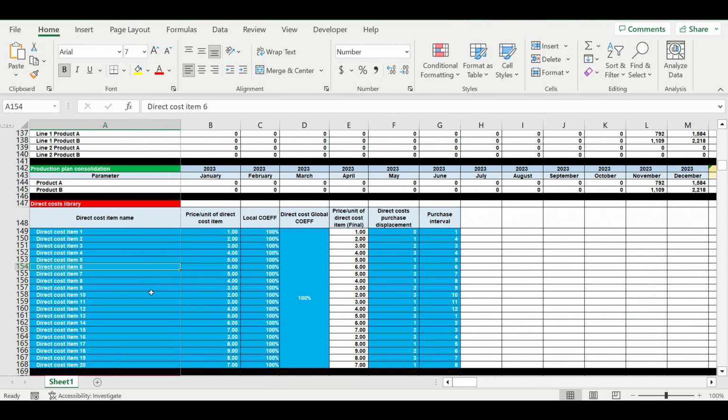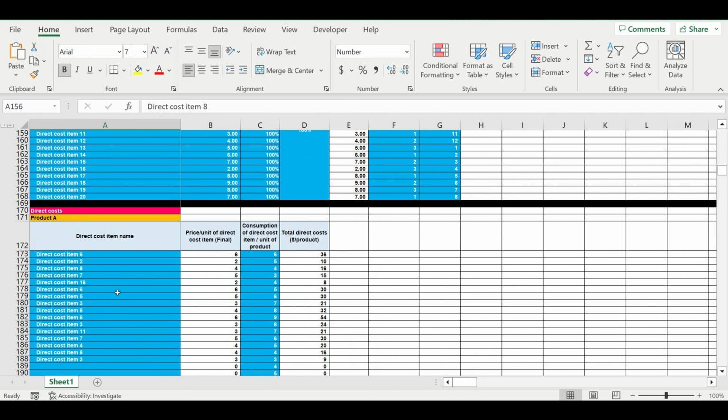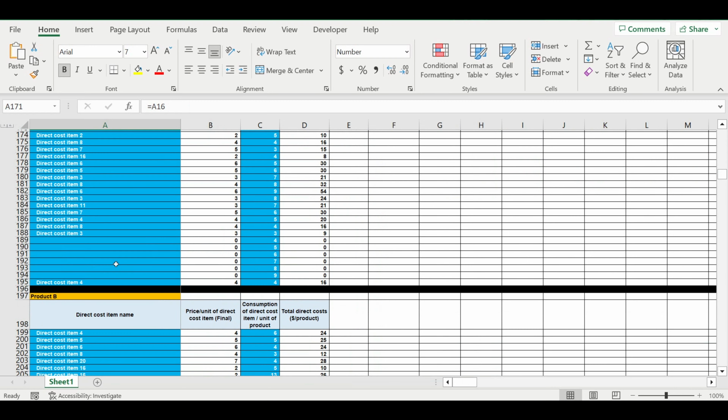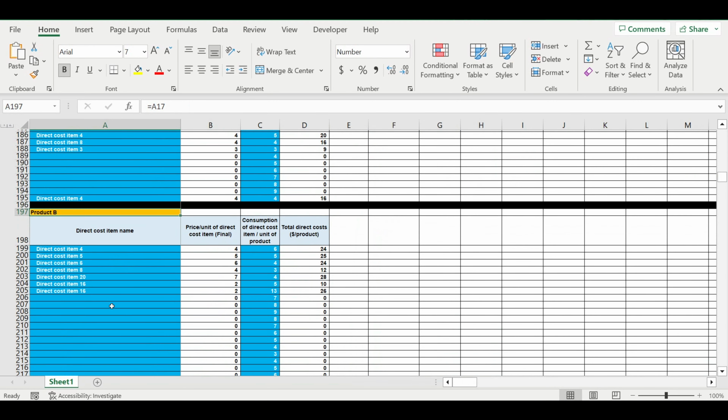Then we were creating the block of inputs for raw materials library. Then we were specifying what raw materials participate in product A manufacturing, product B manufacturing.